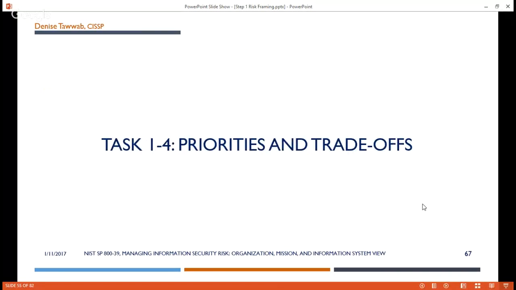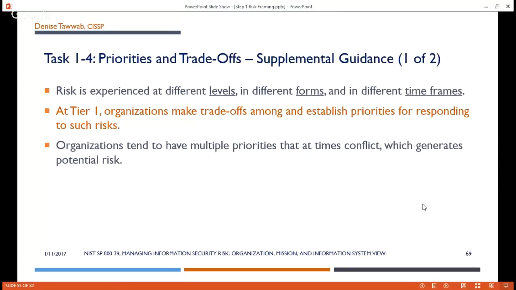Next up is task 1.4, which talks about your priorities and trade-offs. Risk is experienced at different levels, in different forms, and in different time frames.